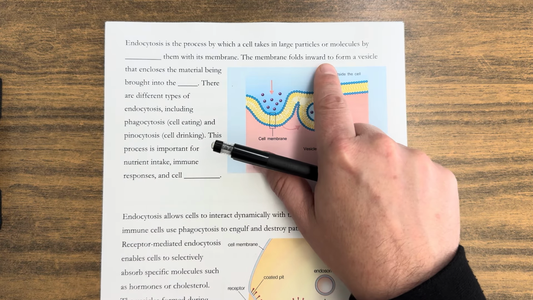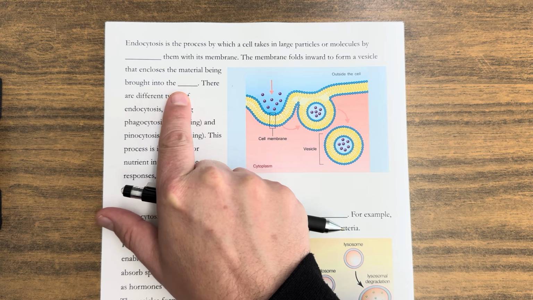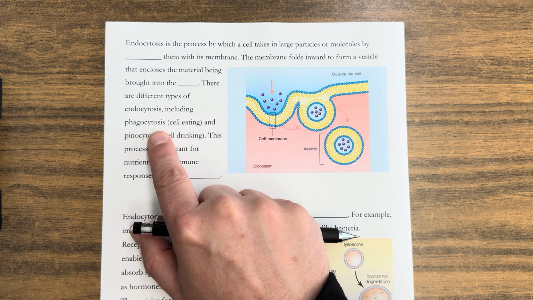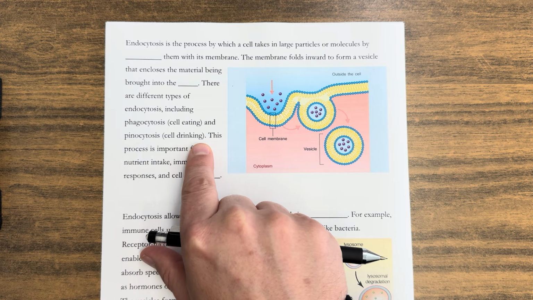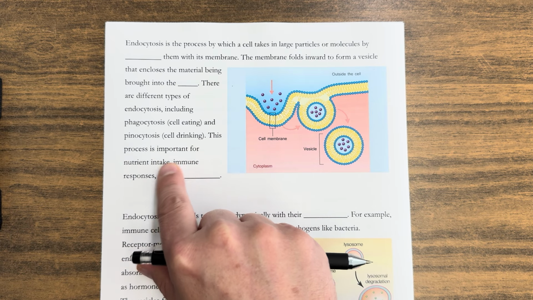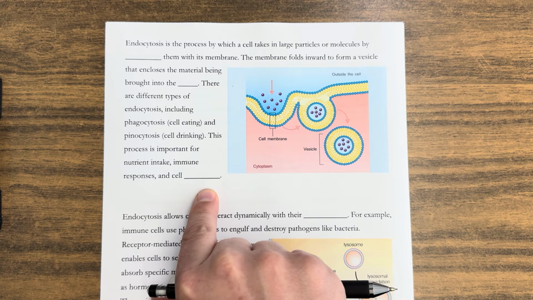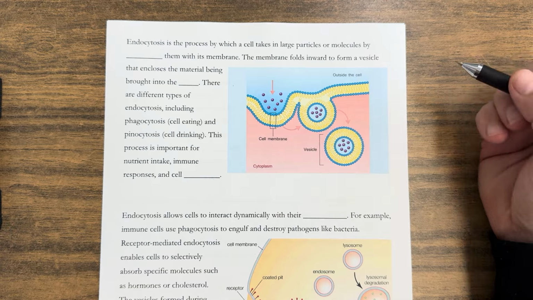The membrane folds inward to form a vesicle that encloses the material being brought into the cell. There are different types of endocytosis, including phagocytosis, cell eating, and pinocytosis, cell drinking. This process is important for nutrient intake, immune responses, and cell signaling. So again, another type of active transport.